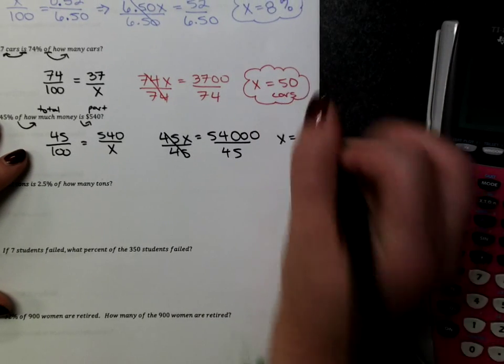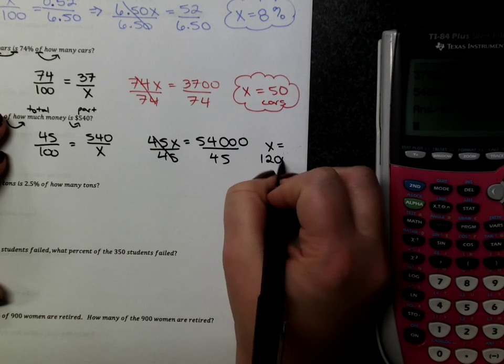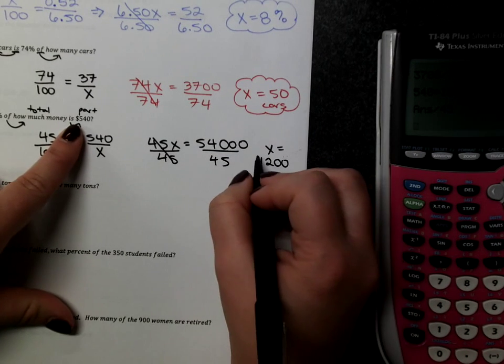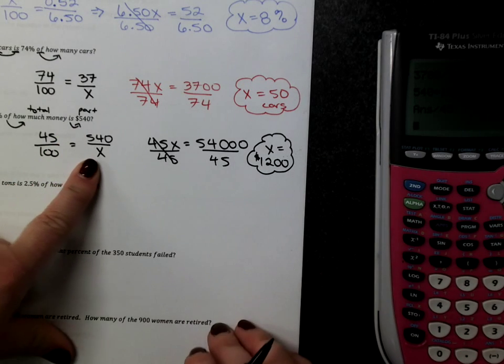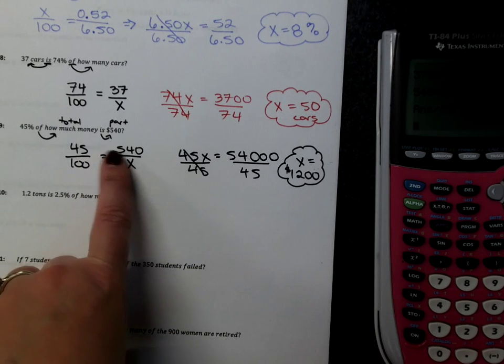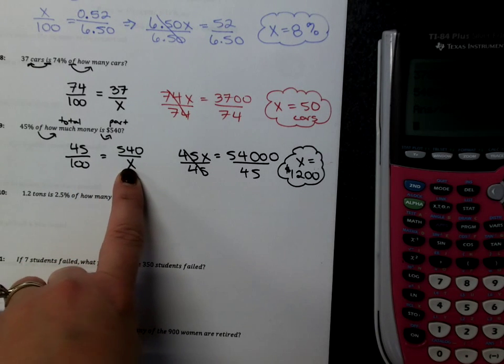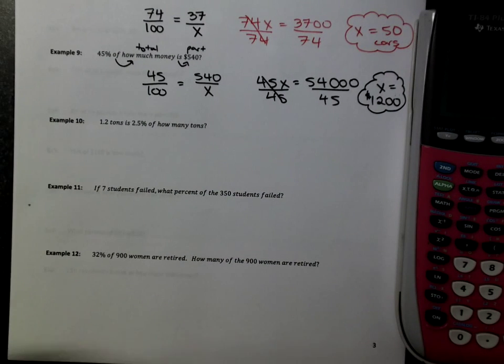And x equals 1,200, and we're talking about money, $1,200. So $1,200 would be your total, 540 would be your part, and that would be 45% of $1,200. You want to try the last three on your own, go ahead and pause the video. If not, I will just keep working these out.